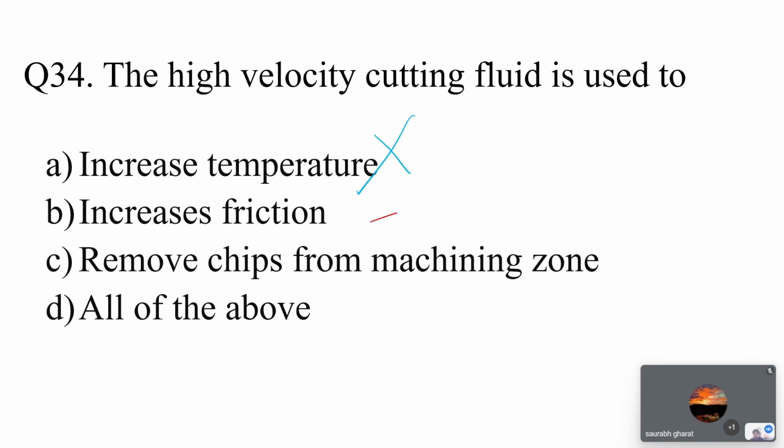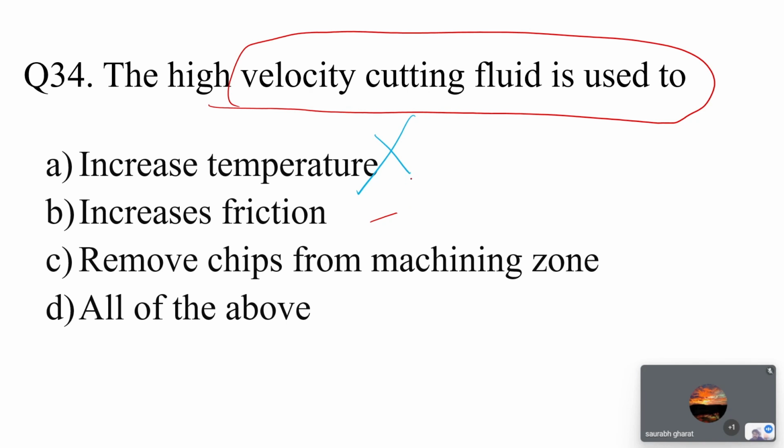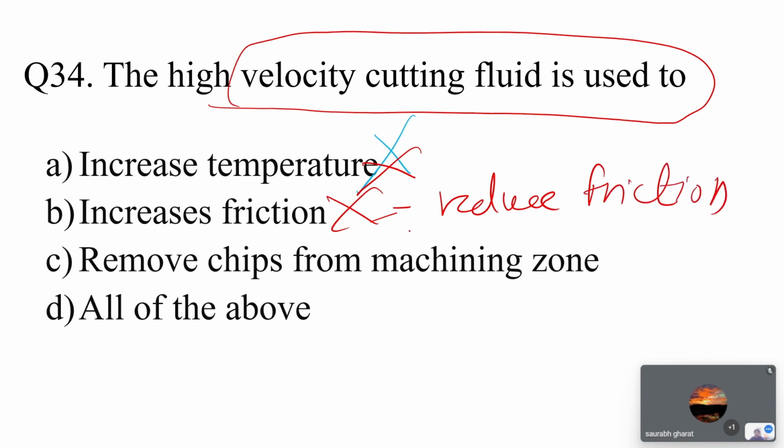What is high velocity cutting fluid used for? Increase the temperature? No, it will take out the temperature. Increase the friction? No, because it will actually reduce the friction. Reduce the friction, remove chips from the machine zone? Yes, that is correct, and all of the above is wrong.